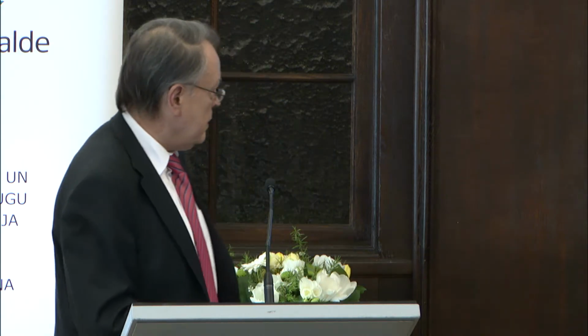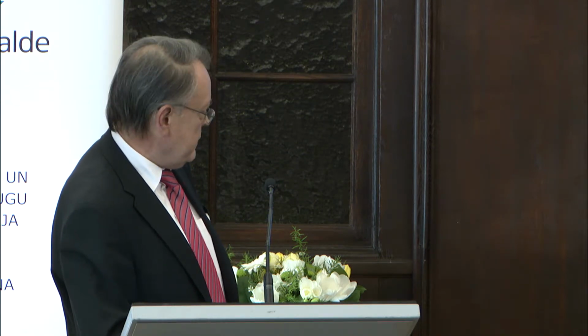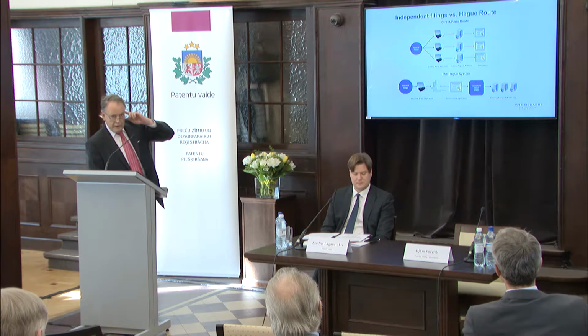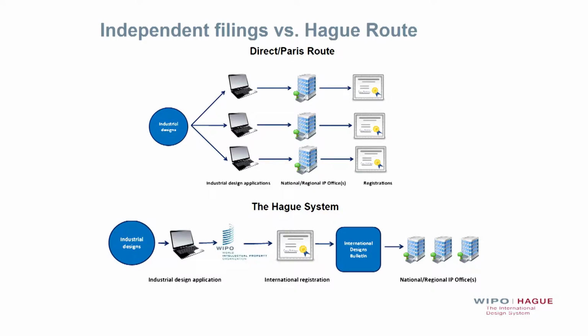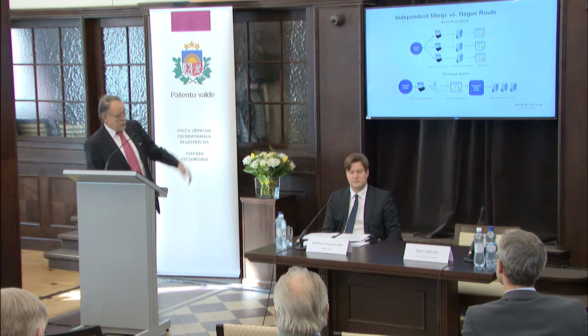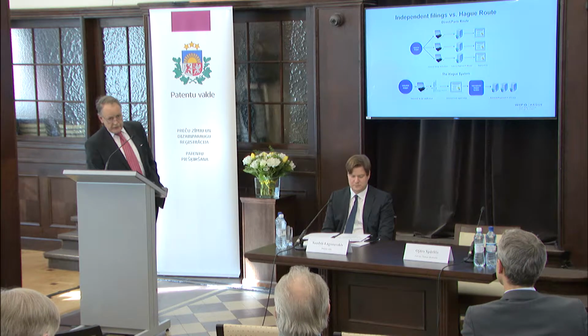Actually, there are three ways to obtain protection nowadays in the world. The first one, as we call it, the Paris route, is when the applicant must file the application before the national offices, and if the applicant wishes to obtain protection in many jurisdictions, you understand that he or she must contact different national IP offices.